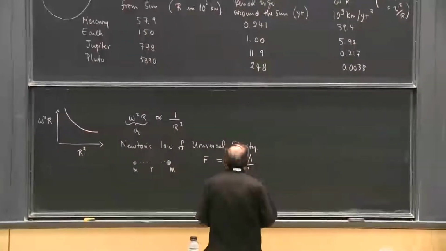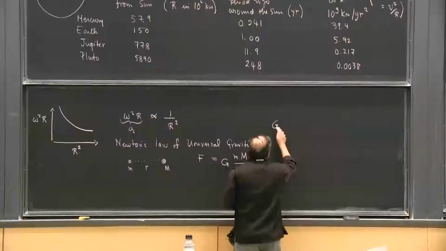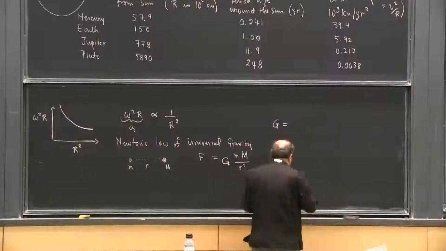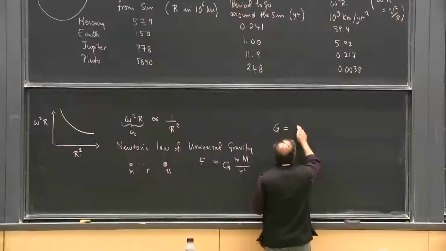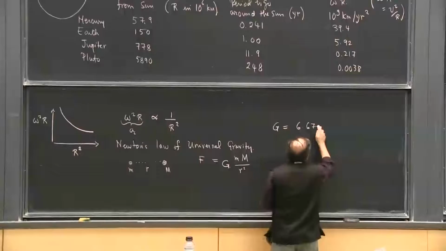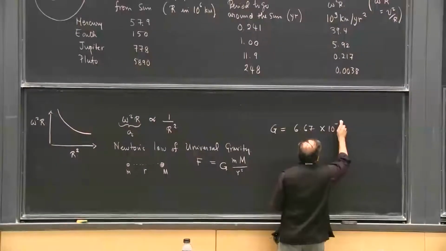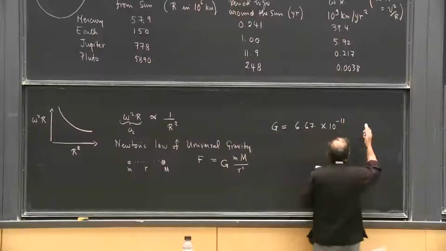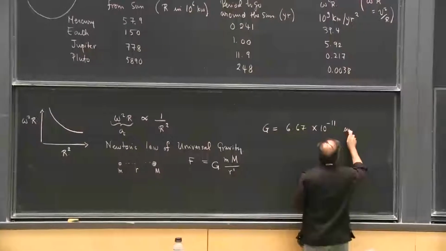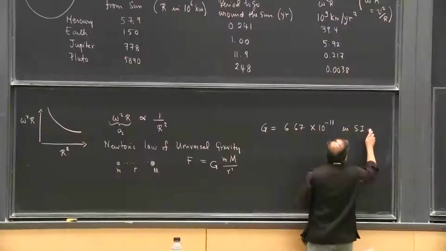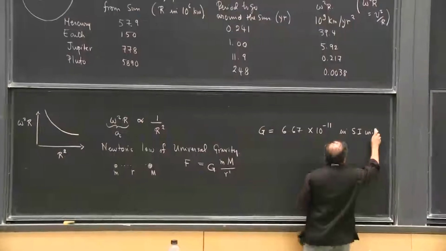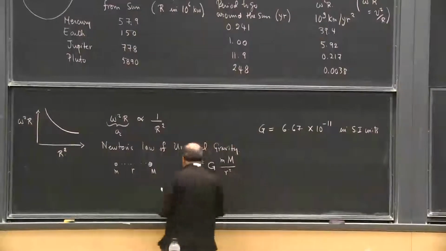Just to give you a sense of that, I don't think our brain is designed to feel gravity in a serious way at the small scale. So G is 6.67 times 10 to the minus 11 in SI units. Let's get the units right.